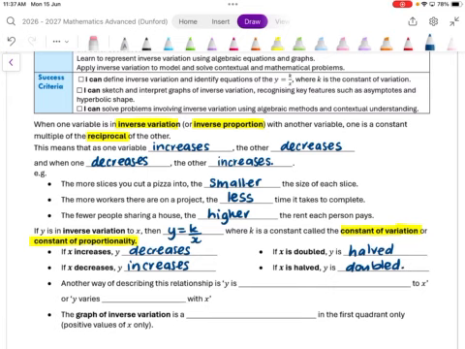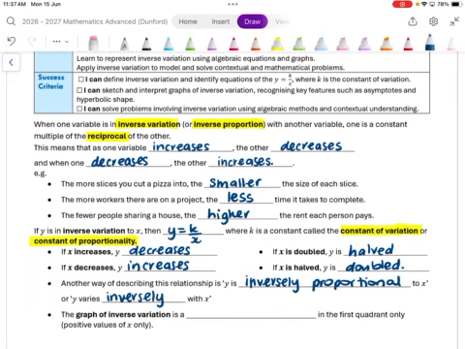Another way of describing this relationship is if y is inversely proportional to x, or y varies inversely with x.